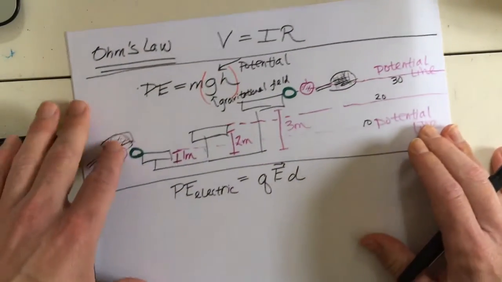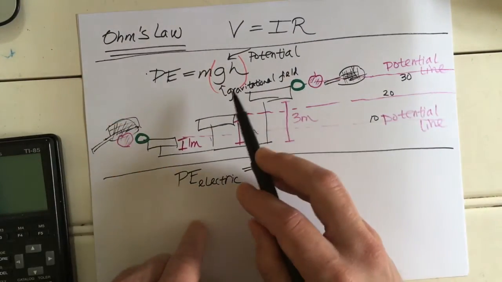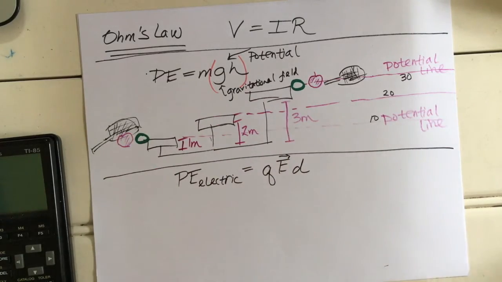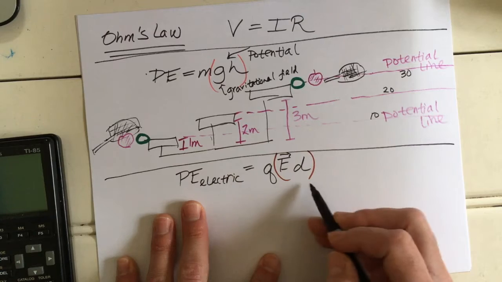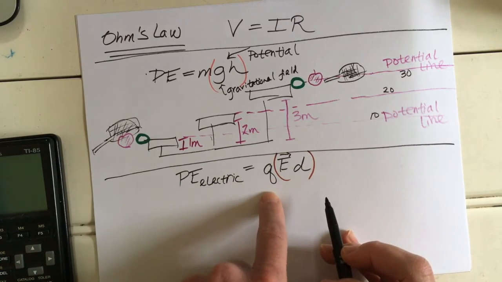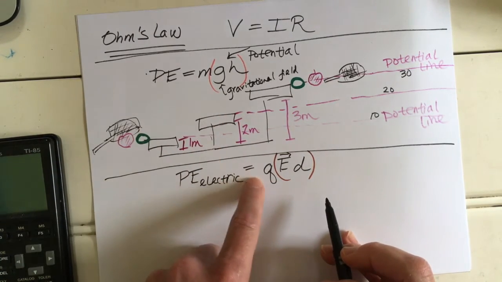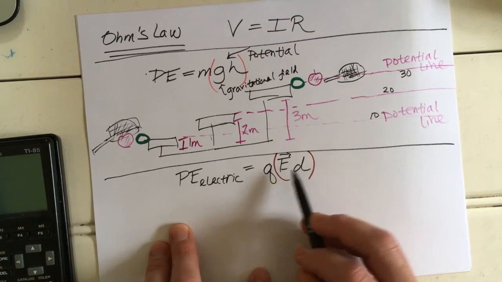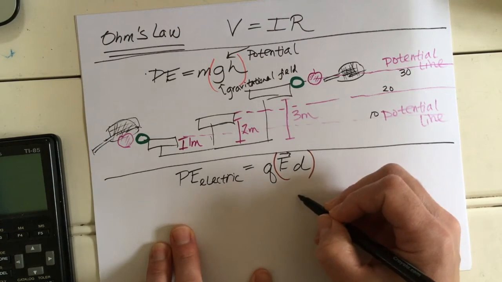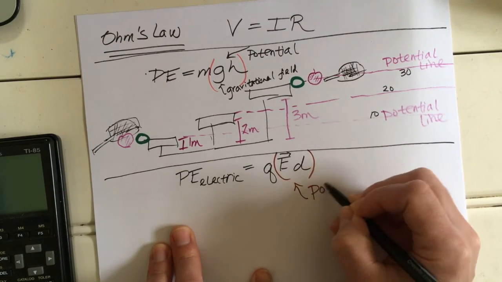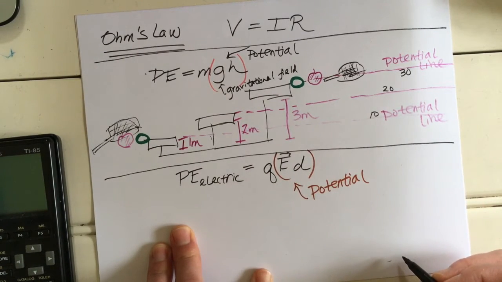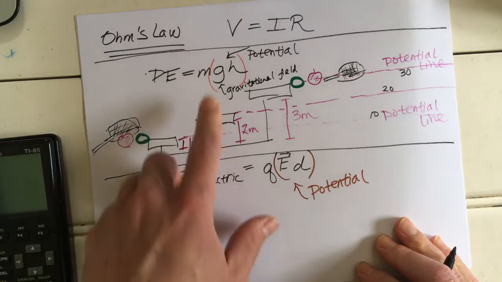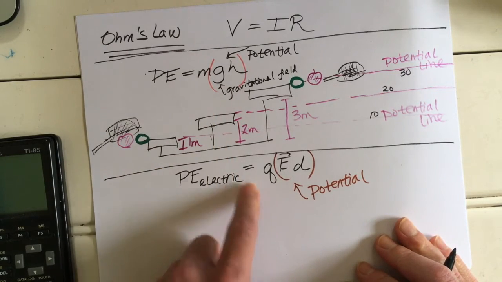Okay, so anyways, coming back to this, if g times h was potential for gravity, then electric field times distance is going to be potential for electricity. Charge is kind of analogous to mass, right? So mass is lining up to charge.